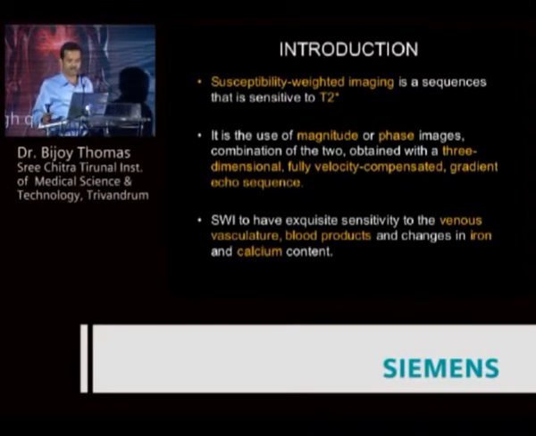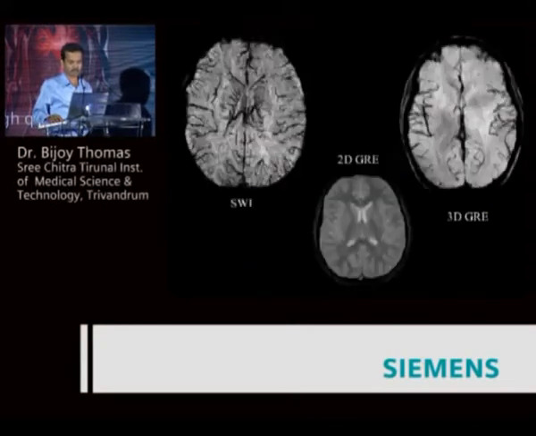It is a three-dimensional sequence, so you can have very thin slices, and it is velocity compensated fully in all three orthogonal directions, including the slice selection direction, so you take away a lot of artifactual signals. Everybody knows that it is useful for detecting blood vessels, especially on the venous side, and mineralization, blood and calcium and so on.